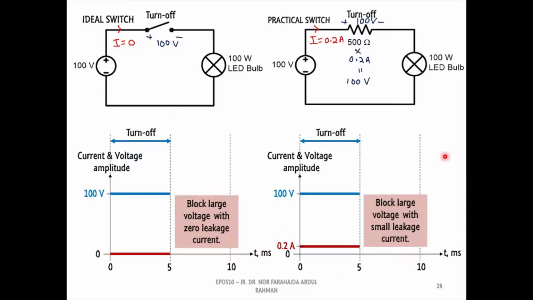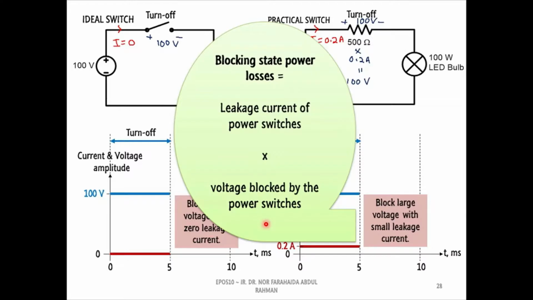In summary, the primary function of the power switch during the off state is to block voltage supplied by the power source. Additionally, the product of current and voltage of the practical power switch will cause the device to generate power loss during the off state. This power loss is called the blocking state power loss.